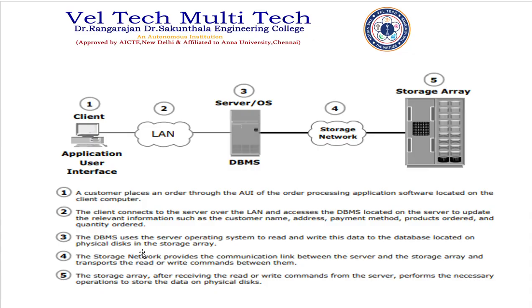The storage network provides a communication link between the server and the storage array and transports the read and write commands between them. The storage array, after receiving the read or write commands from the server, performs the necessary operations to store the data on physical disk.